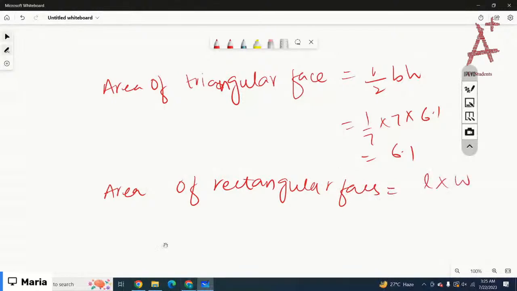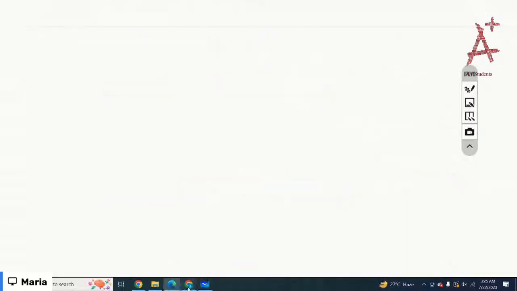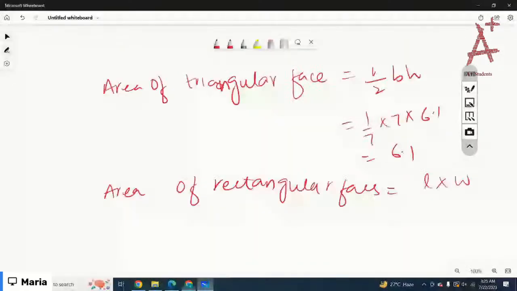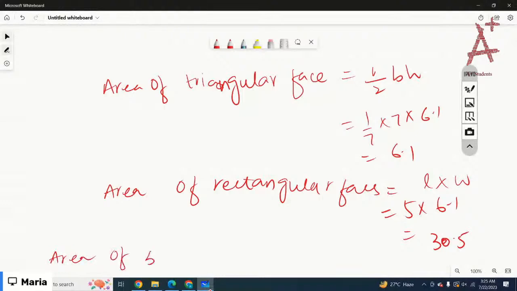So you have to do 5 times 6.1. 5 times 6.1 is 30.5. You are just left with the area of the base. The base is also a rectangular shape, so let's do length times width, and the values are 5 and 7. 5 times 7, that is 35.